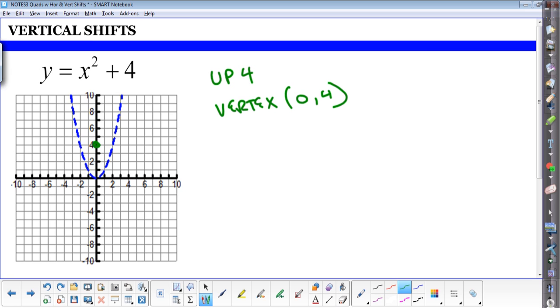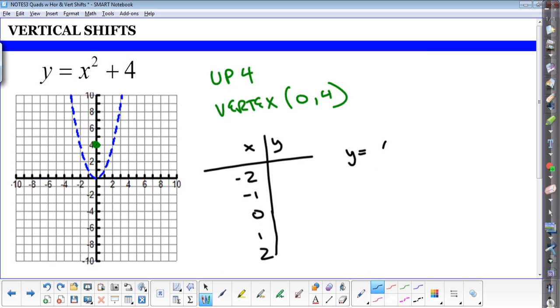Now I have to make a table. Okay? I want to plug in numbers to the left of 0 and to the right of 0. So when I plug these in, I'm going to first type in the -2. I've got to put that -2 in parentheses.